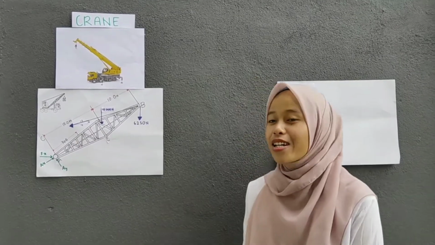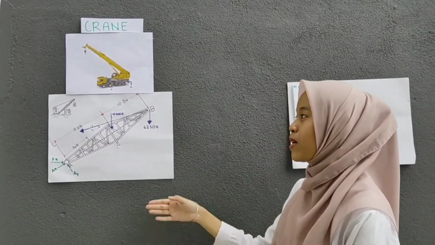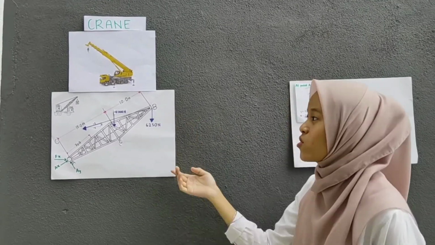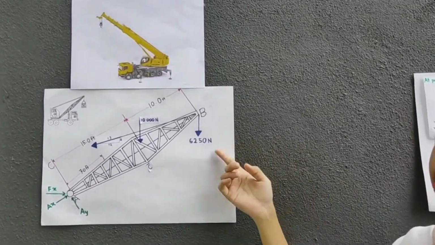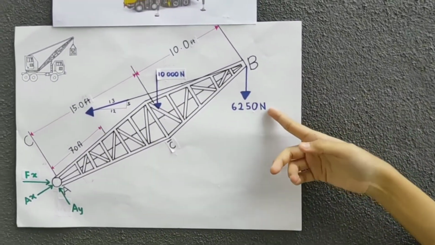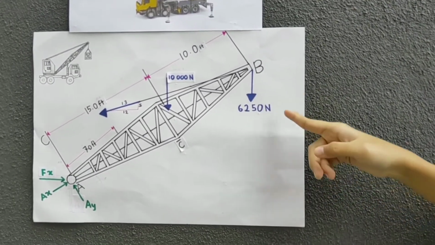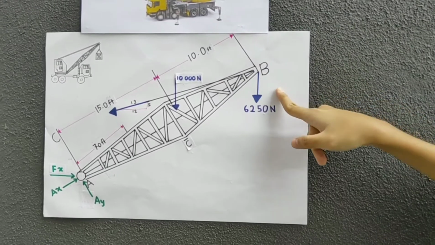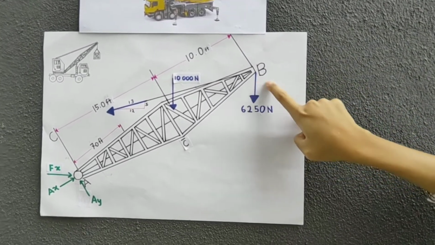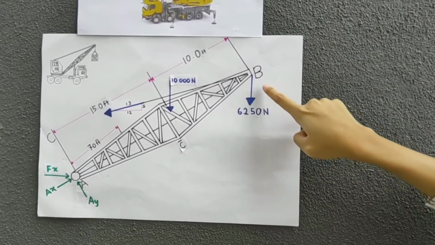Hi, I'm Marlisa. Today I would like to explain the forces at point B. As you can see, there is a load hanging at this point, which is 6,250 Newton. If we draw the y-axis, the angle between the load and the y-axis is 45 degree.